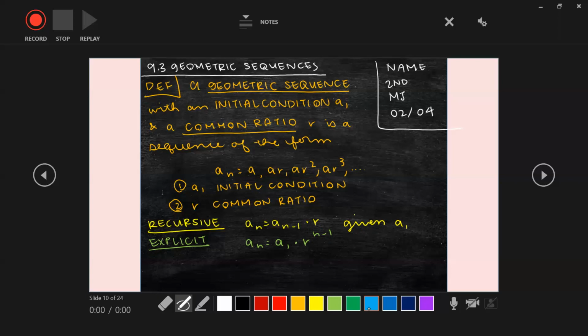All right. Now, identifying a geometric sequence.